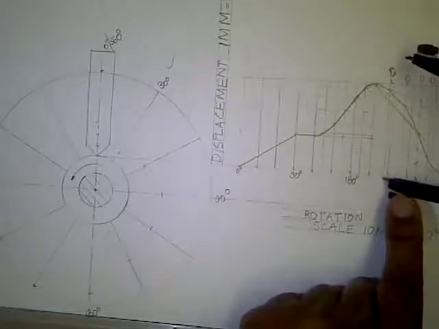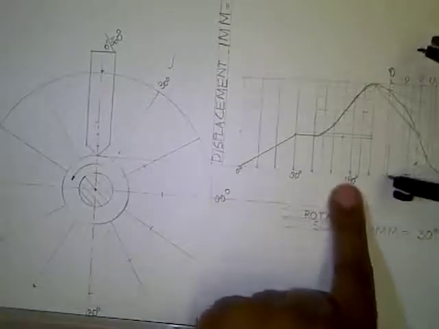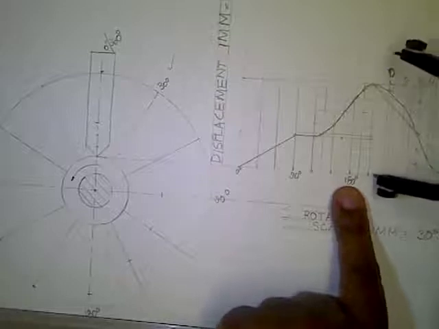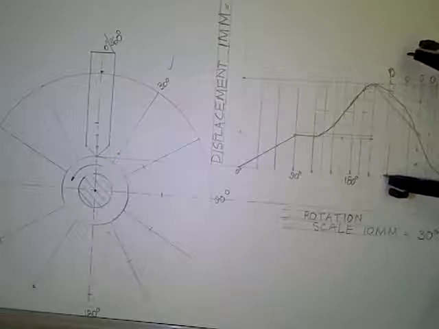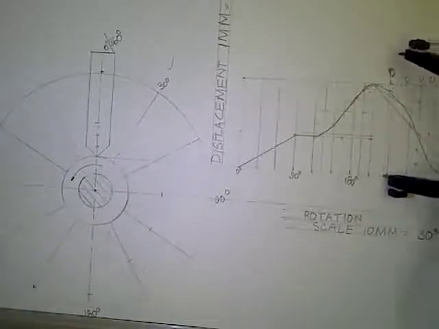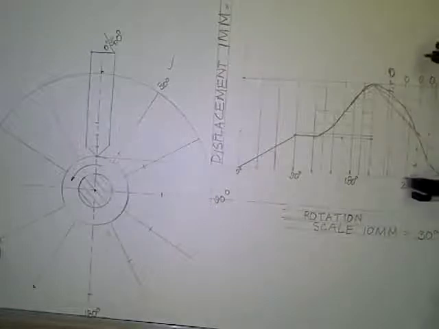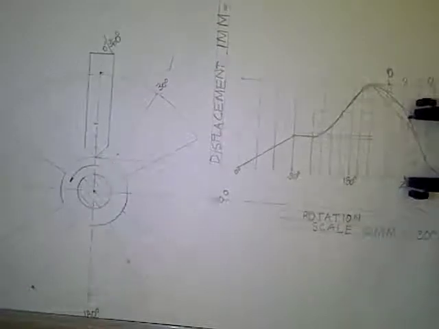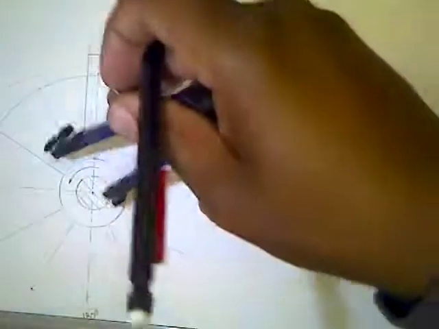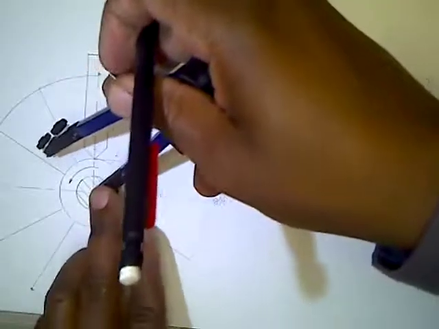This one is 180, 210. 210 is the maximum. And then we have 240, and then 270. My 270 is here. This is my 270.